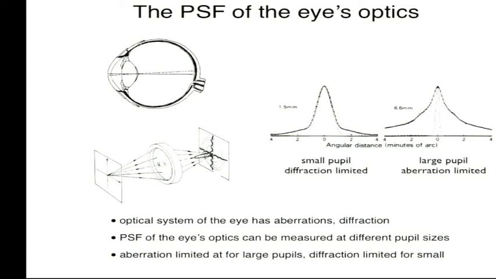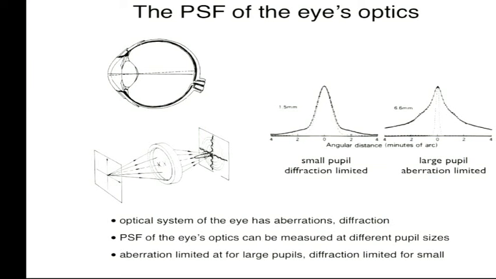Because of aberrations in the lens and diffraction produced by the aperture, you're going to get a distribution of light in the image from a point of light out there in the field. If you characterize that distribution, that's the point spread function.